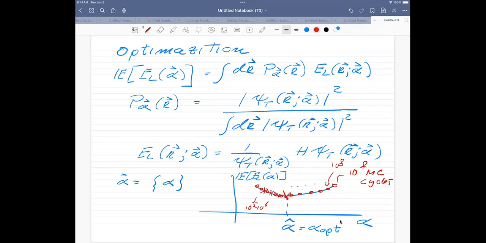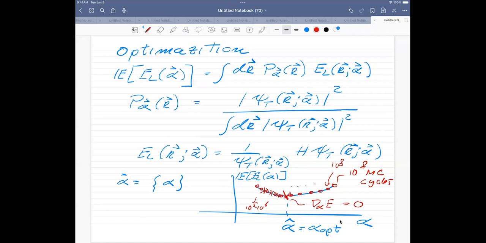We find the minimum where the gradient, delta E with respect to alpha, of this expectation value of the energy is equal to 0. So we are going to use a gradient descent method or some gradient method to find that point with as few cycles as possible. This is a basic strategy which is used in all these Monte Carlo simulations.